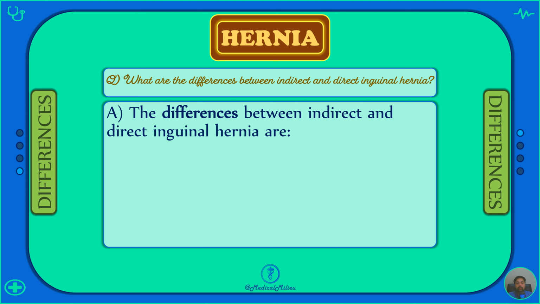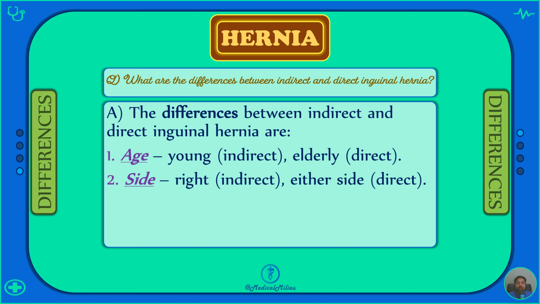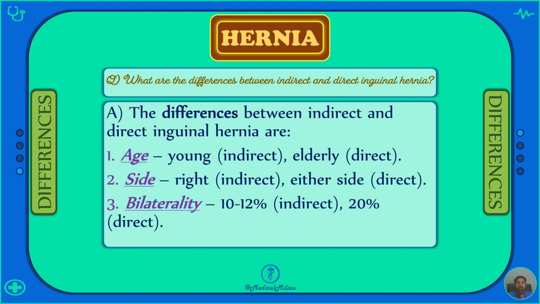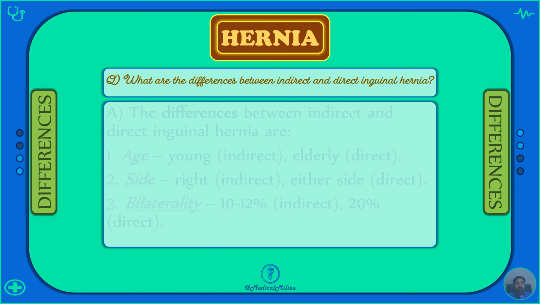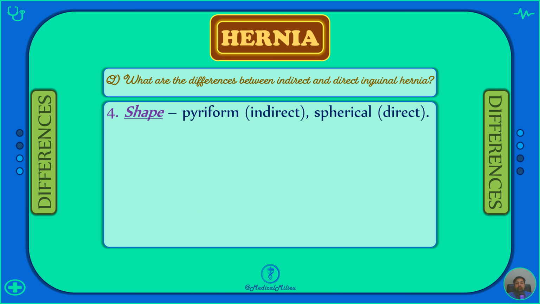The differences between indirect and direct inguinal hernia are: indirect commonly occurs in the young, while direct occurs in the elderly. Indirect commonly occurs on the right side, while direct can occur on either side. Indirect hernia can be bilateral in 10 to 12%, while direct hernia might be bilateral in 20%. Indirect hernia is piriform in shape, while a direct hernia is spherical in shape.